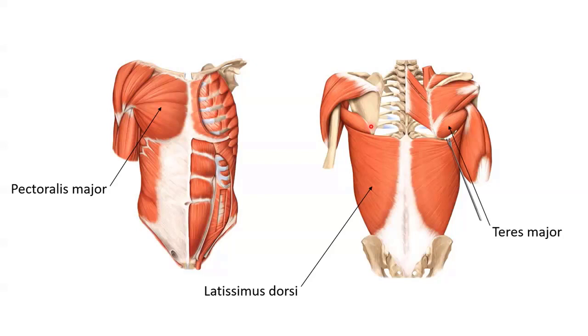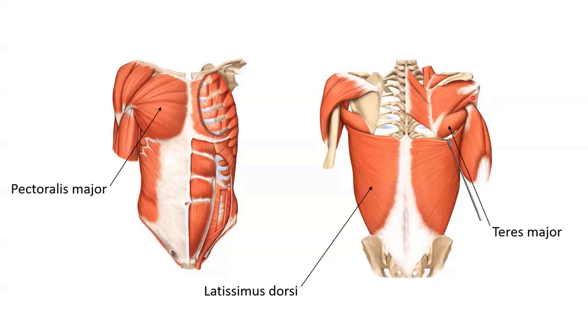On the posterior surface, we also have our teres major muscle. So this muscle originates on the inferior angle of the scapula, and then the same as the latissimus dorsi muscle, it inserts underneath the arm and then to the front on the intertubercular sulcus of the humerus.